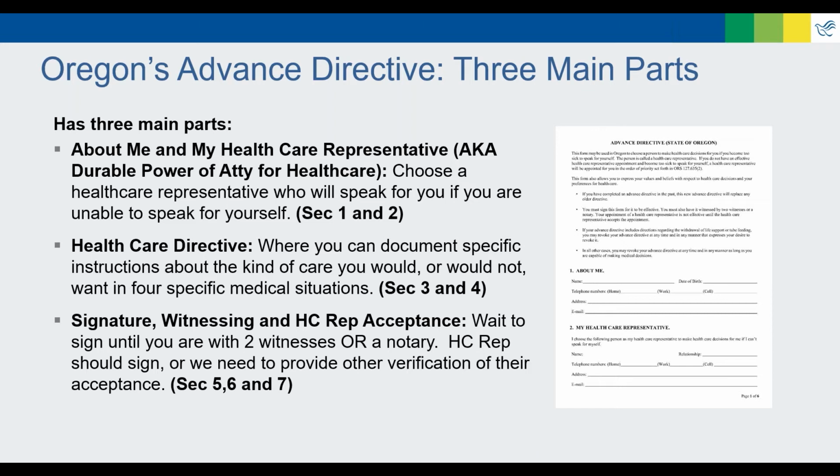That's sections 3 and 4. And then the last part is the signature and witnessing section. There's also the place for the healthcare representative to sign that they are accepting this role. And those are sections 5, 6, and 7.